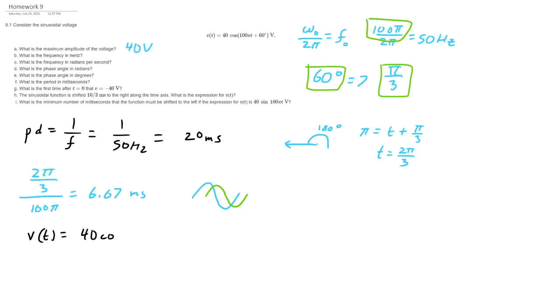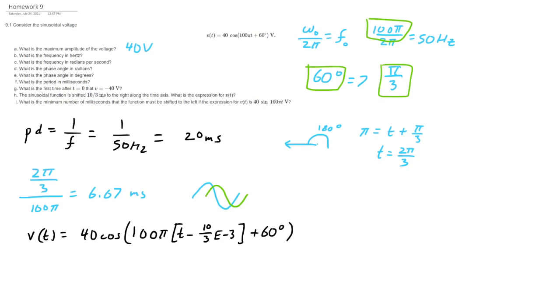So 40 cosine, and then we're going to have 100 pi t, but we're just going to subtract 10/3 of a millisecond from here. So 10/3 times 10 to the -3. Include our phase angle. There you go.